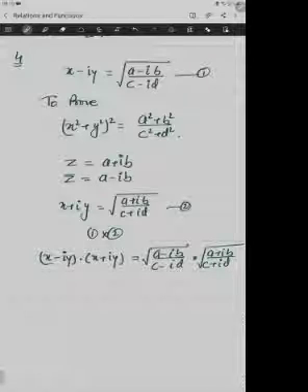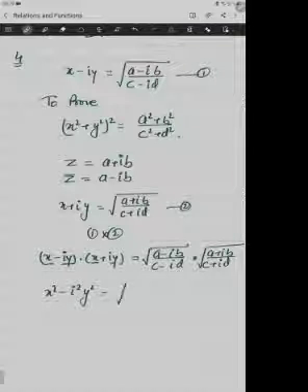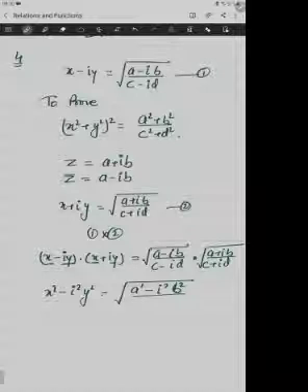Now see, a minus b, a plus b, a square minus i square b square, under root, upon c square minus i square d square.